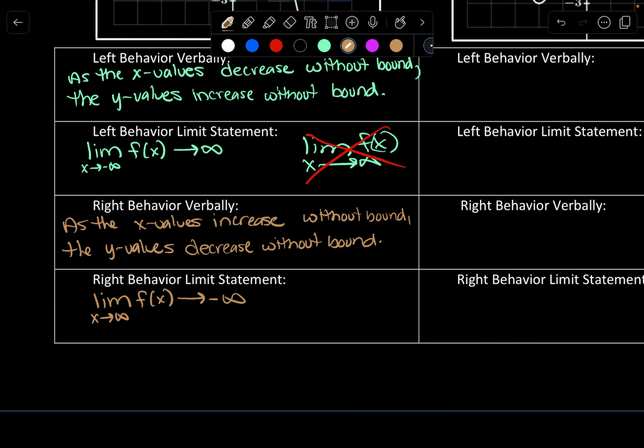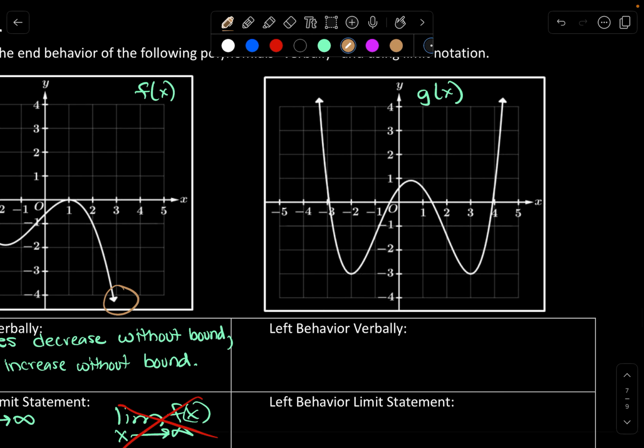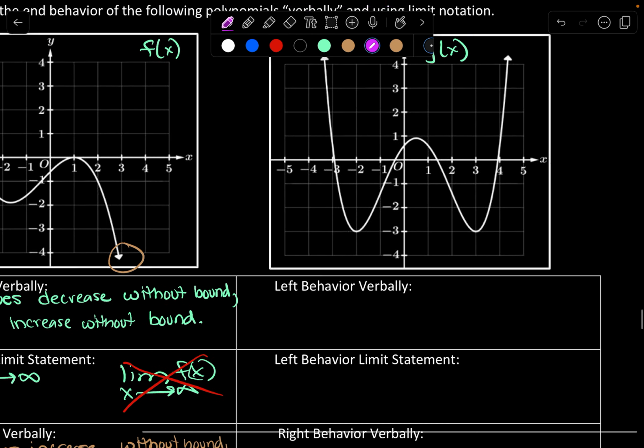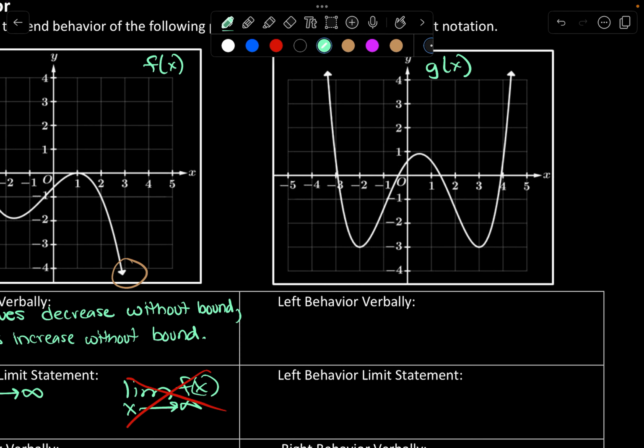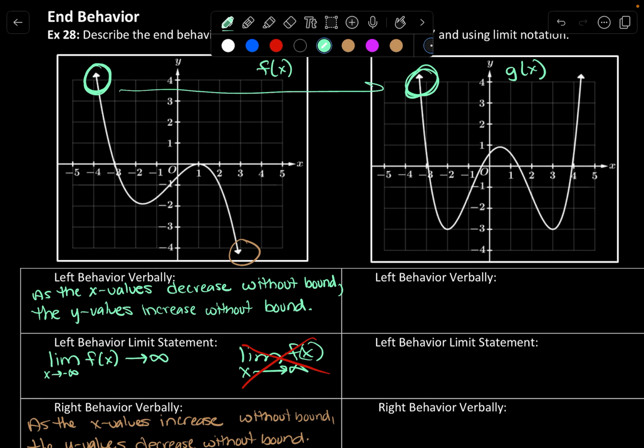All right, now let's try g of x. So g of x, the left behavior verbally, so we're going to be looking at this one. So as the x values decrease without bound, the y values are increasing without bound. Again, it's the same with both functions. So I'm going to go ahead and copy this.